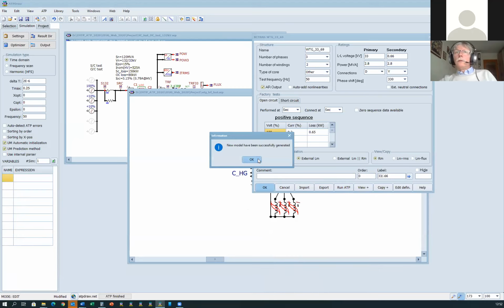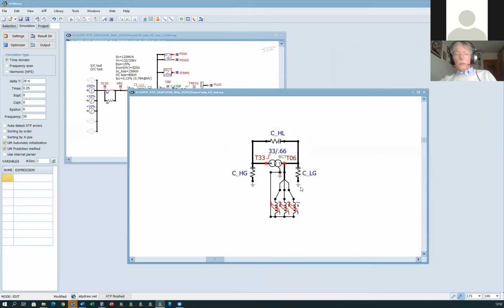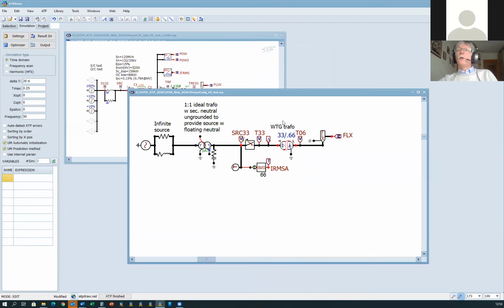Now we have a new window, new model, so we can go back to the original circuit. What do we expect from a three-phase model? At least we expect that this transformer would behave similarly to a real transformer in case of short circuits and in case of no load excitations.